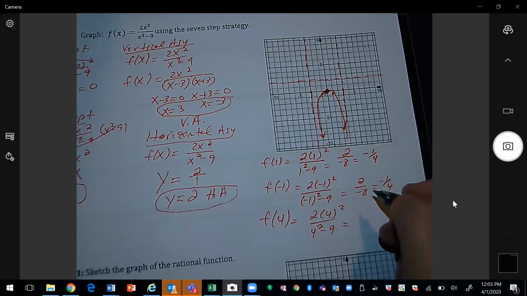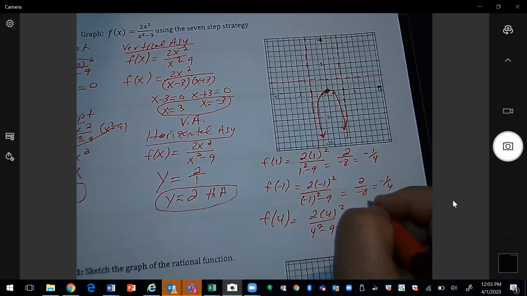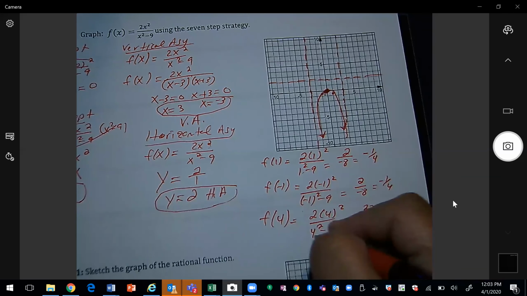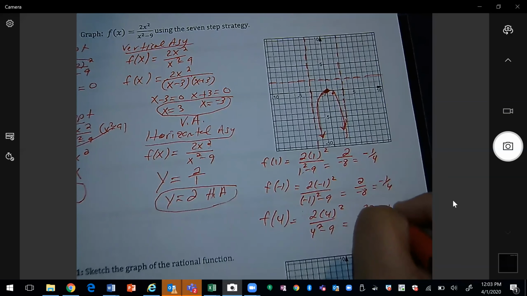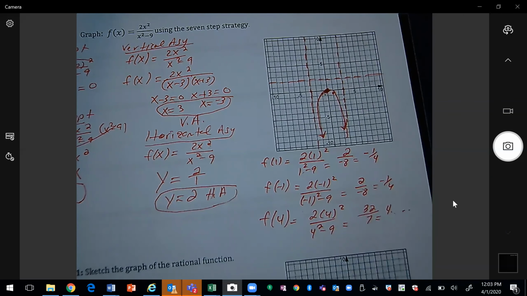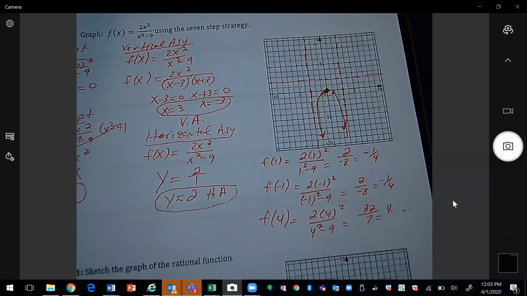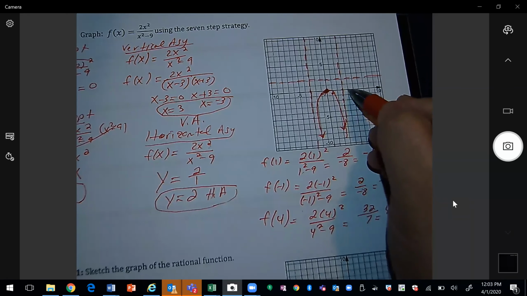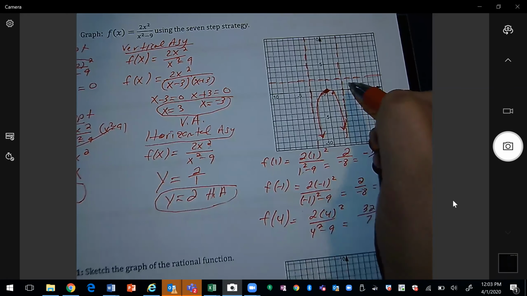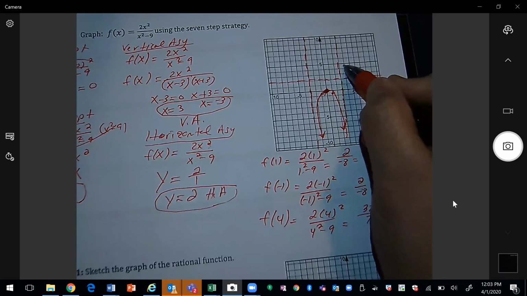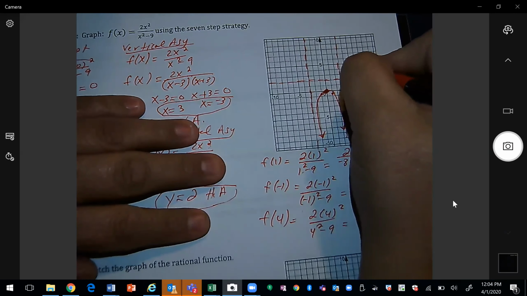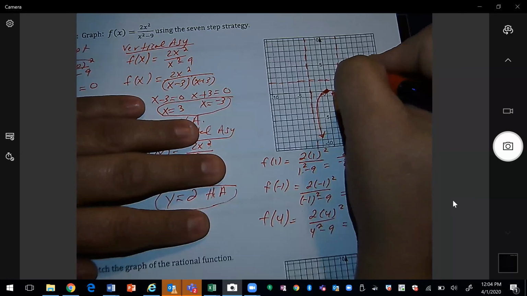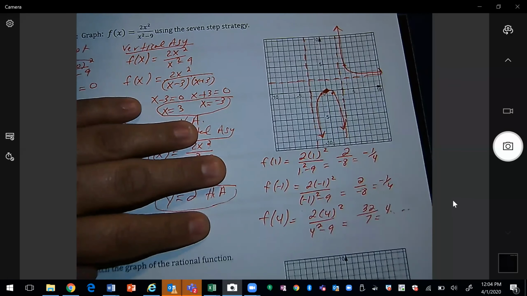It's going to be 32. And then 16 minus 9 is 7. So this is going to be 4 point something, 4.5 or something like that. So whenever x is 4 right here, we get 4 something, so like somewhere up here. Okay. So I know that this graph will get closer to this point here, and then this one will get closer to this point here.